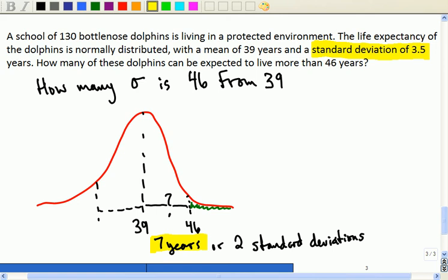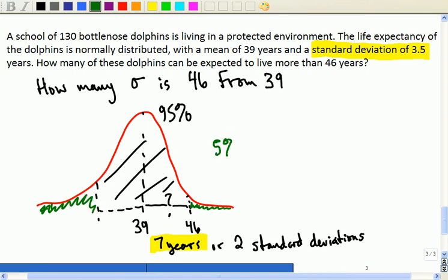So what portion of the population are there right now in this black area of the chart here? 95% are in the middle there. So how many does that leave in the green area? 5% is left over in total. But because we're just dealing with one of the halves, this would be the other side.